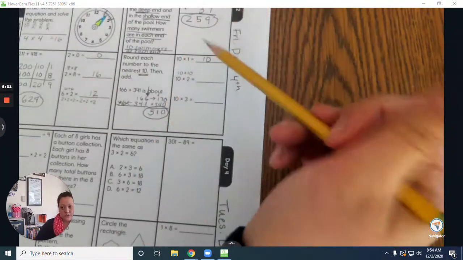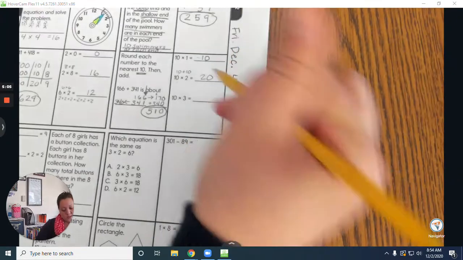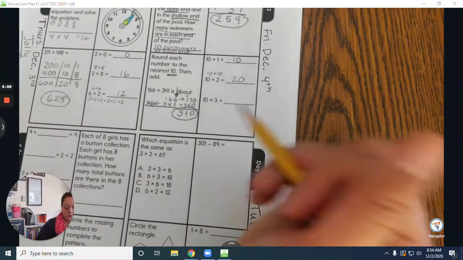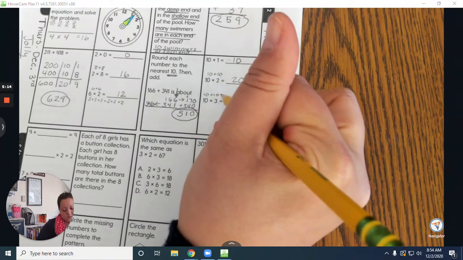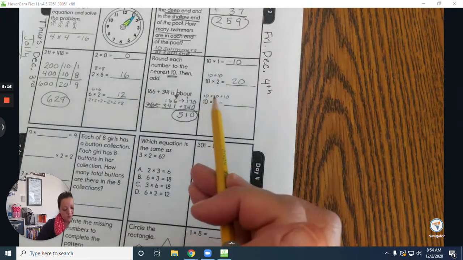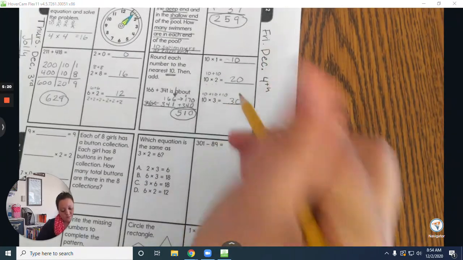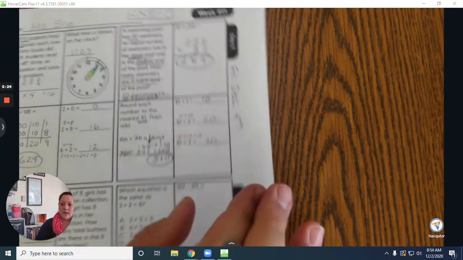There are two groups, is 20. And 10 times 3, we see a pattern. So if it was 3 groups of 10, that, see, here's 10 plus 10 plus 10 is 30. Please make sure you show your work here.